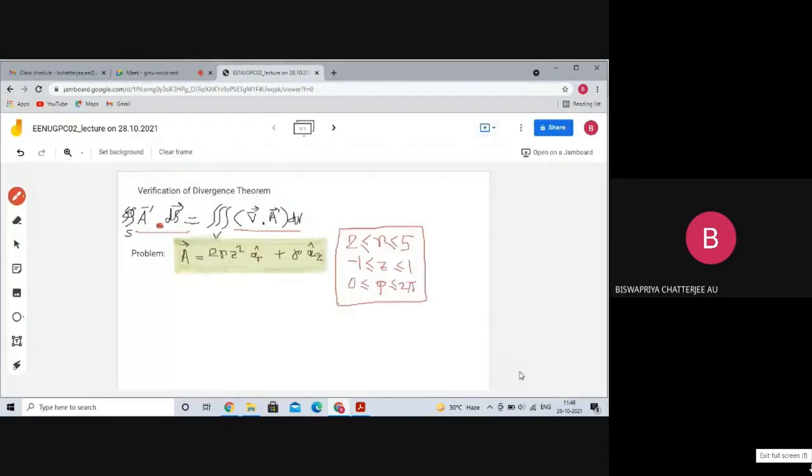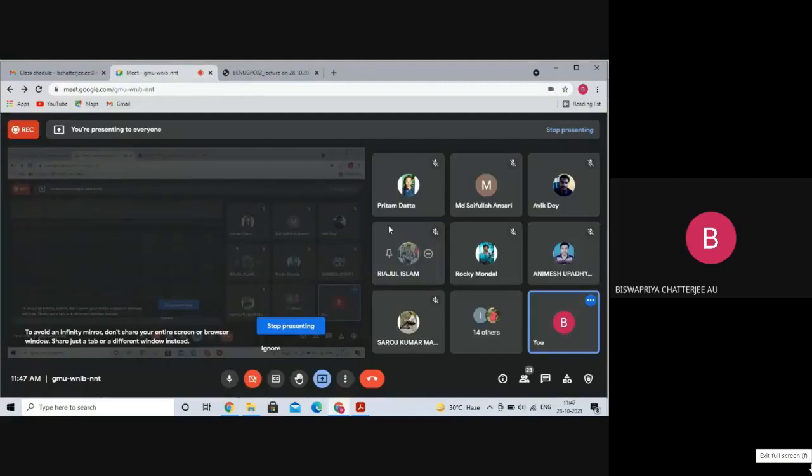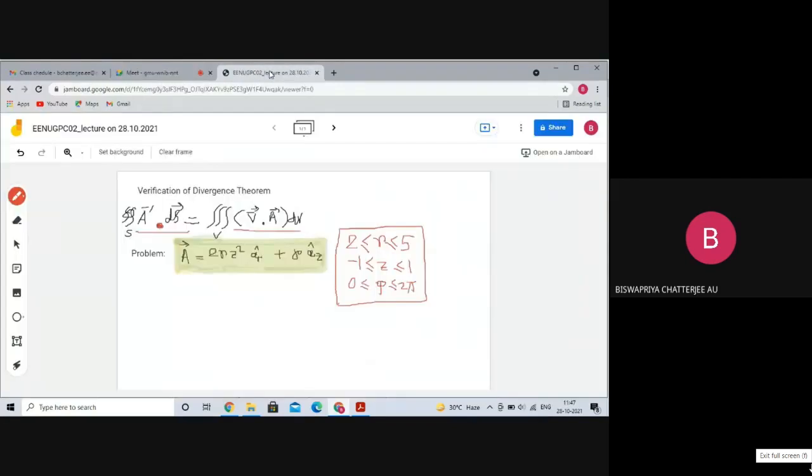Now, let us see how this vector can be used to verify the divergence theorem on both sides. The first immediate question that comes is, what do you mean by these three ranges?